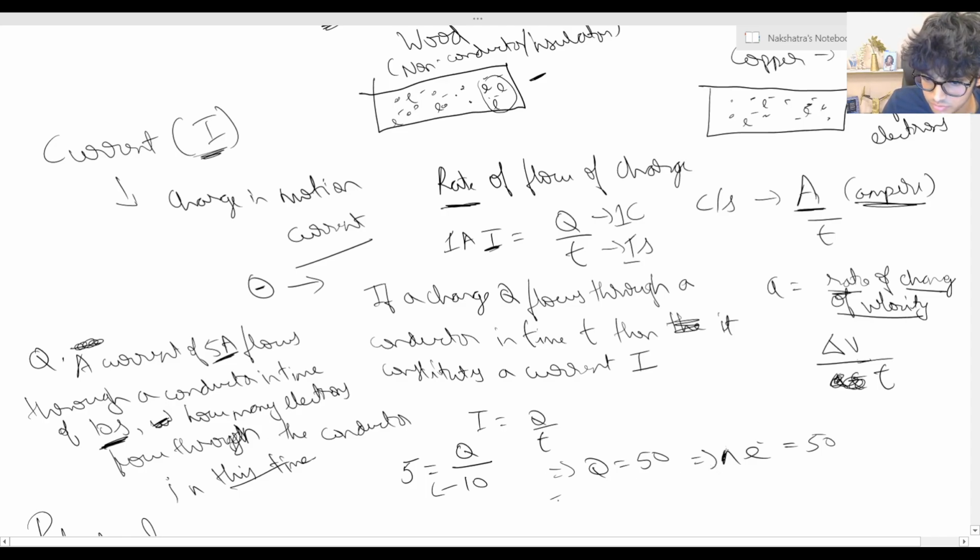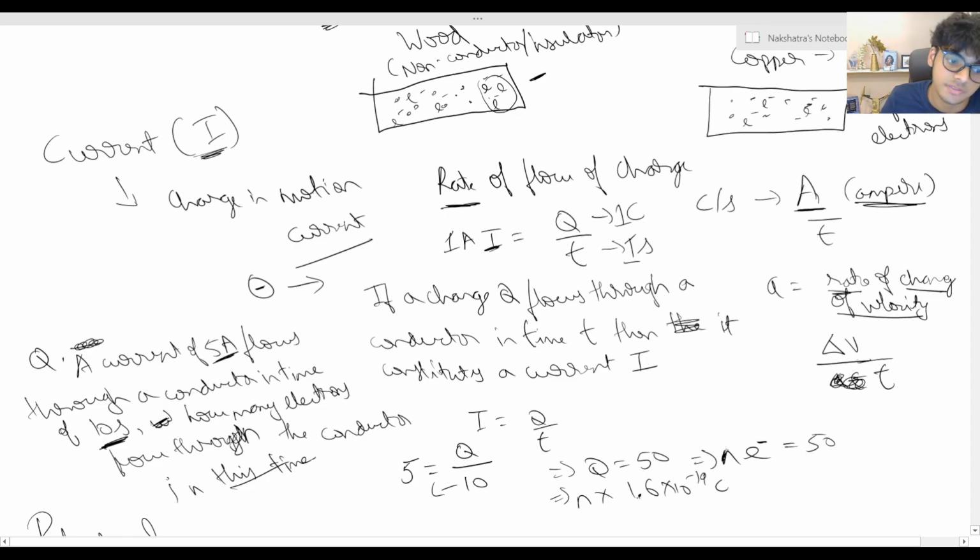We know that e, the charge of 1 electron, is equal to 1.6 into 10 to the power minus 19 coulomb. Here the negative and positive doesn't matter, since we've just asked for the number of electrons that are flowing, and a number will always be positive.